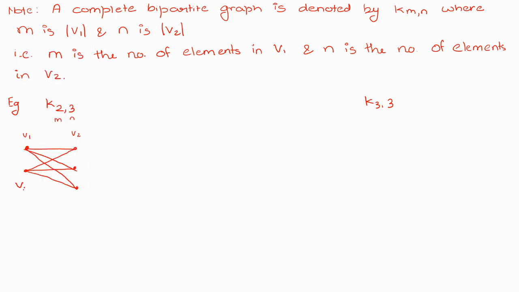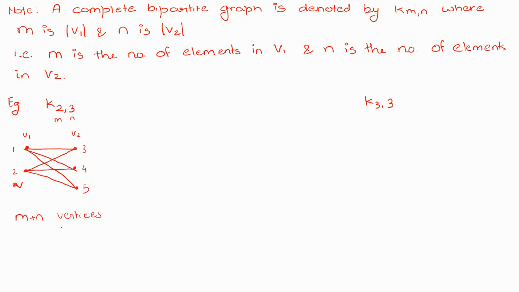This is V1 and this is V2. And how many vertices are there? One, 2, 3, 4, 5. Five vertices. That means a K(2,3), or K(M,N), graph will always have M plus N vertices.